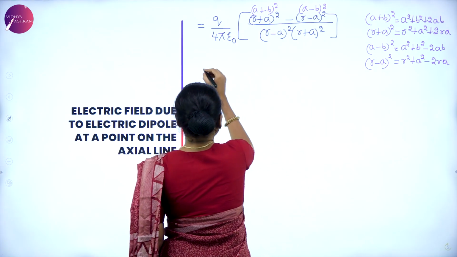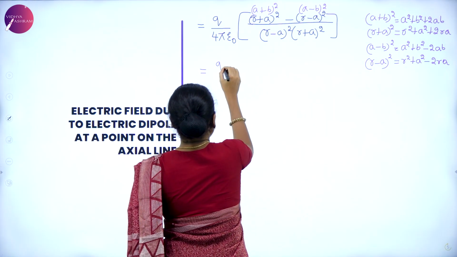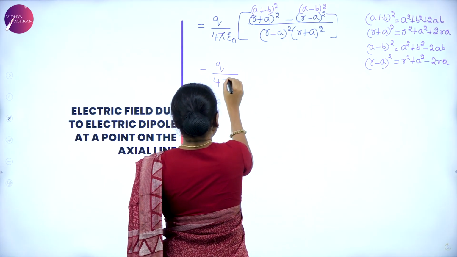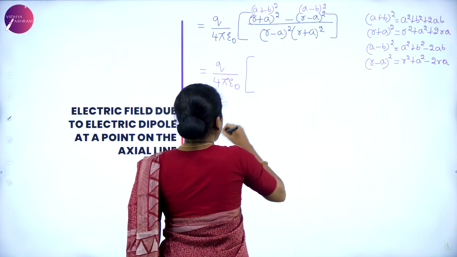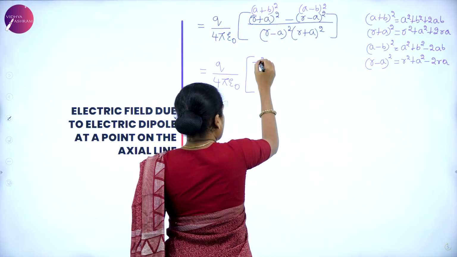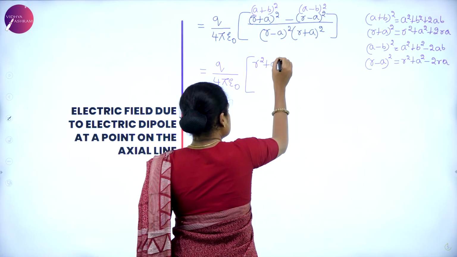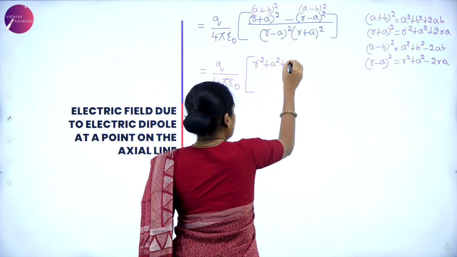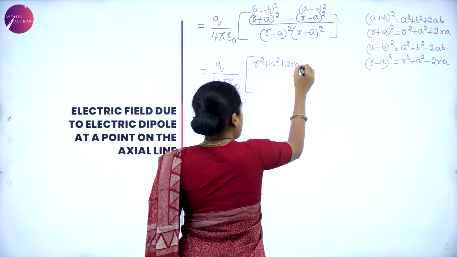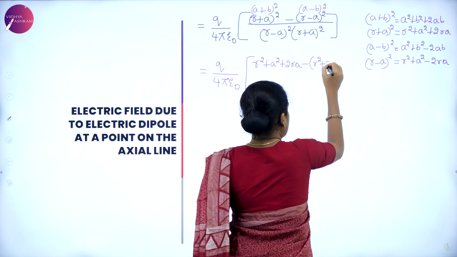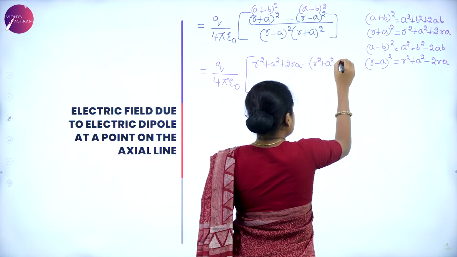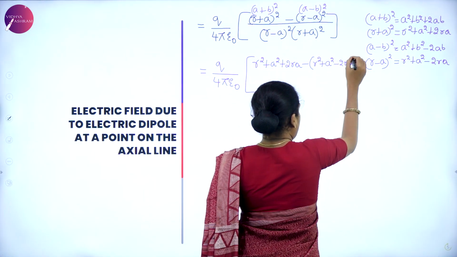So now let us substitute this in next step. That is Q by 4 pi epsilon naught of R square plus A square plus 2RA minus of R square plus A square minus 2RA.